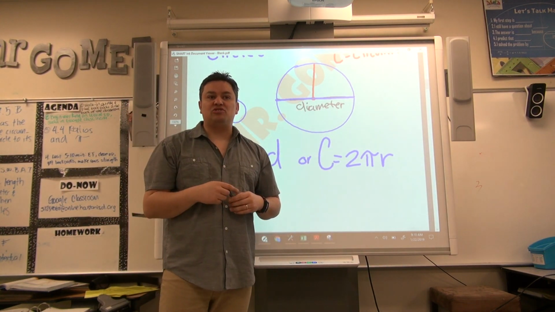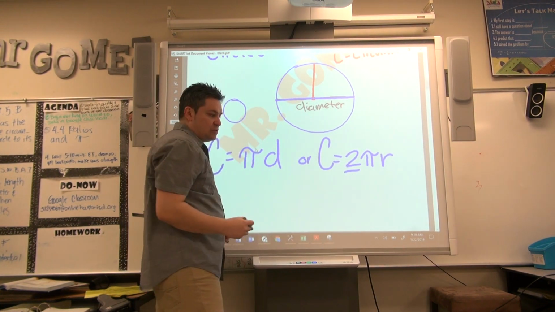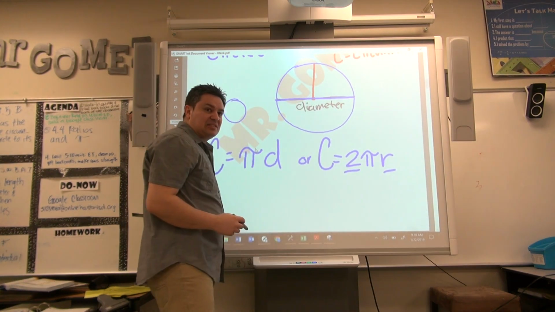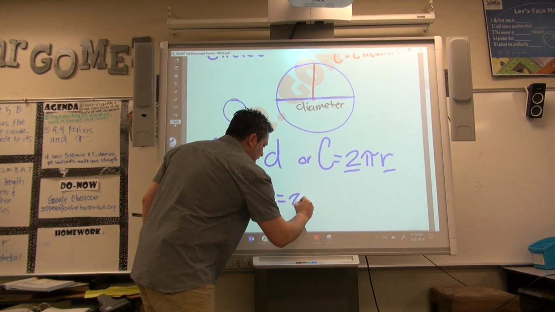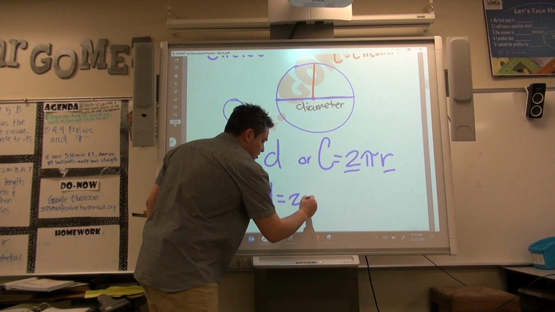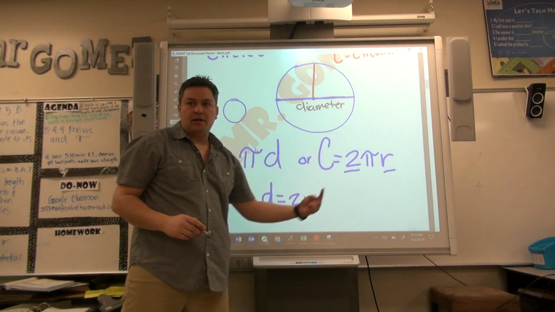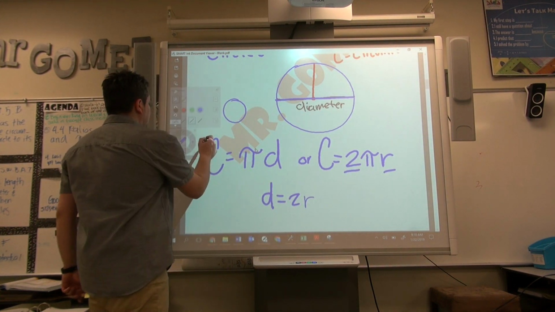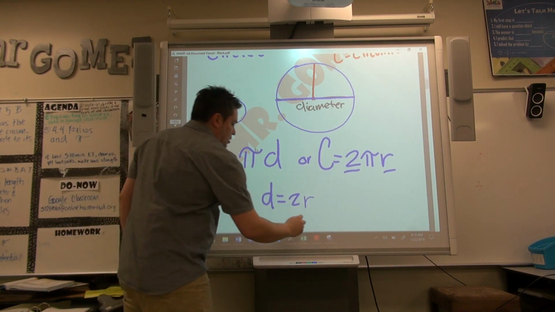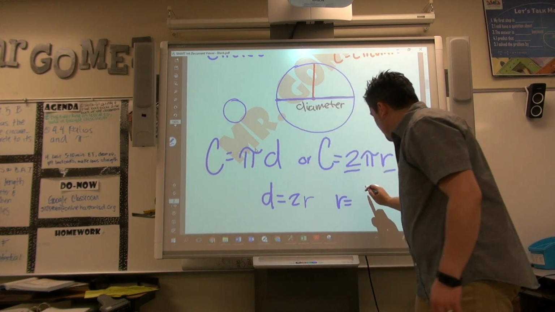What does double mean? What number is double? 2. Look at this right here. 2 times the radius makes a diameter: diameter equals 2 times the radius. That's why we have the 2r in there. And the other one, to work it backwards, radius equals diameter.